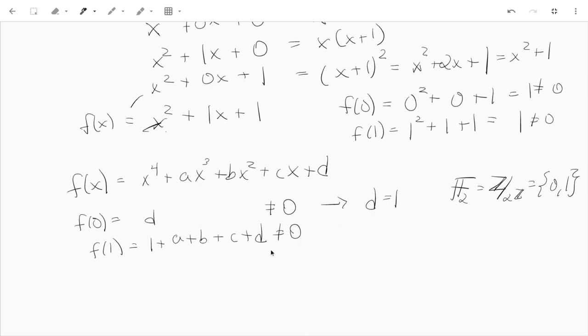So d equals 1. Now 1 plus 1 is 0, so we also need that a plus b plus c equals 1. That means you could have a equals 1 and b and c both 0, or all three are 1, a bunch of different possibilities. Under these conditions, our polynomial will have no roots.